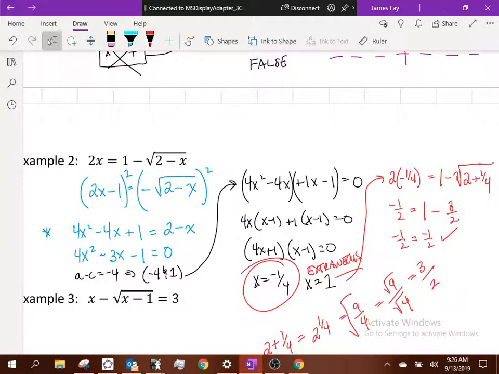I can find negative 0.25, or I can highlight that and just type in negative 1/4. You see that it evaluates them and gives me the same result, so negative 1/4 is a solution. I can evaluate it at 1, and it gives me different results, so 1 is not a solution. Does that work?